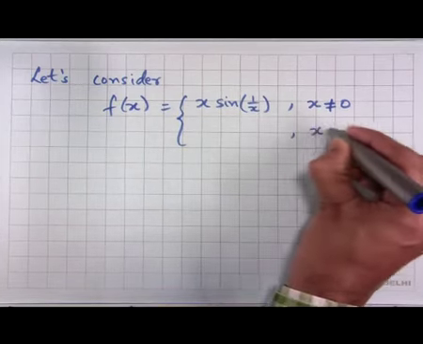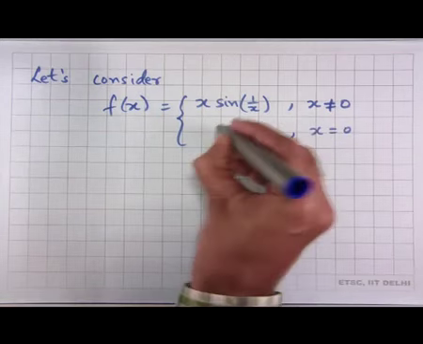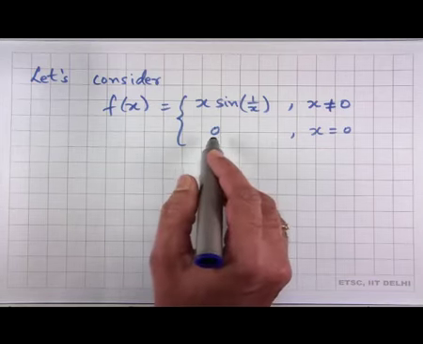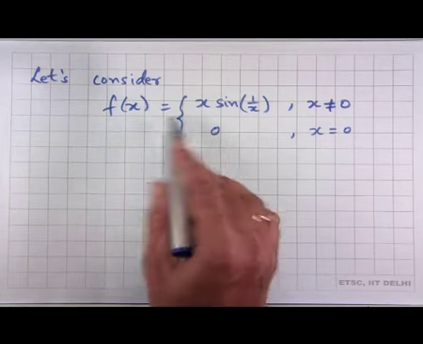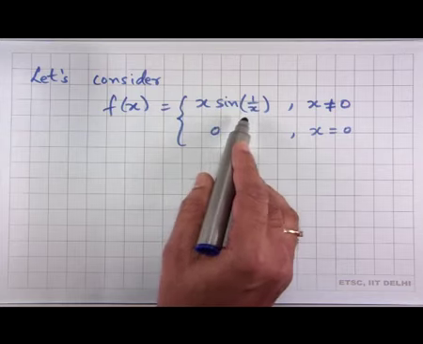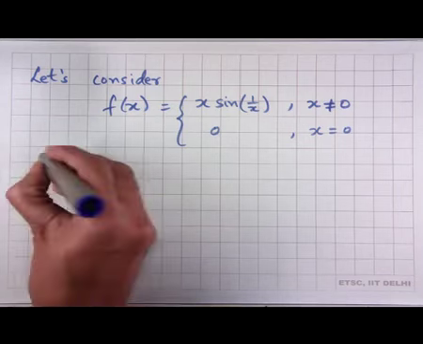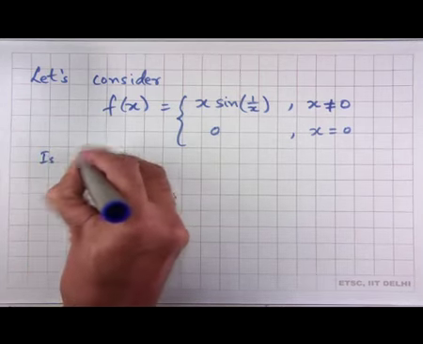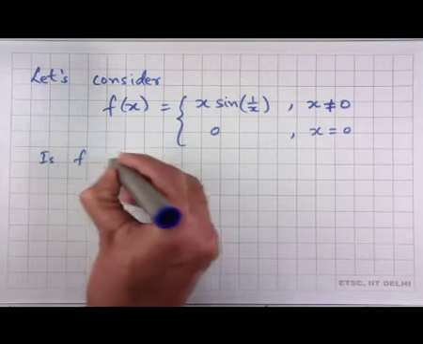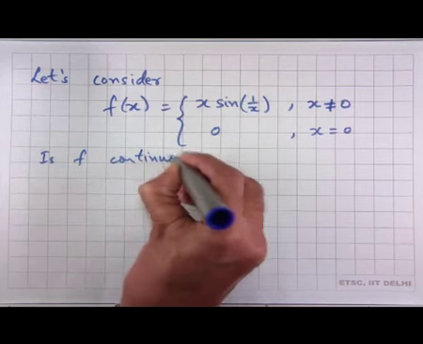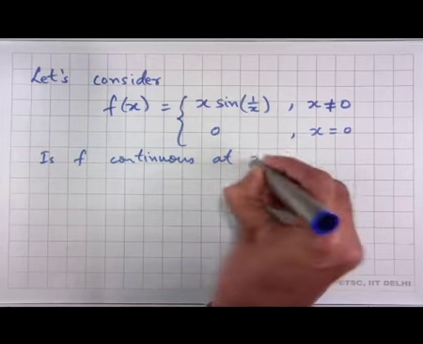So, for x equal to 0, I will define the value of the function to be 0. So, this is the function which is 0 at 0, and for any non-zero x the function is x times sine 1 by x. So, here what can you say: is f continuous at x equal to 0?